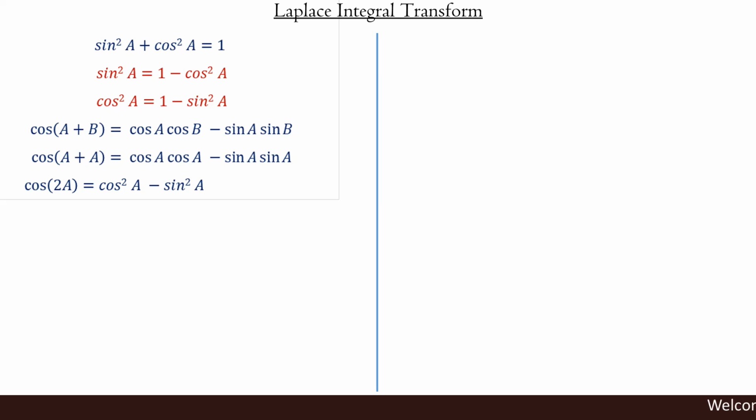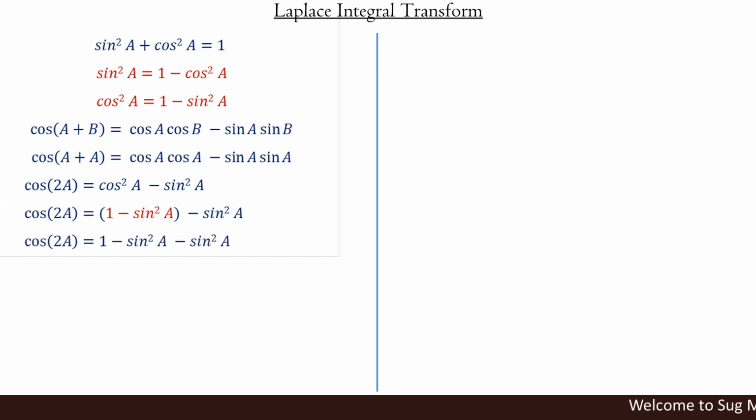Now, let's replace cos squared A with 1 minus sin squared A. When we do so, cos 2A is equal to 1 minus sin squared A in bracket minus sin squared A. Let's open this bracket. We are going to have 1 minus sin squared A minus sin squared A, which is 1 minus 2 sin squared A.